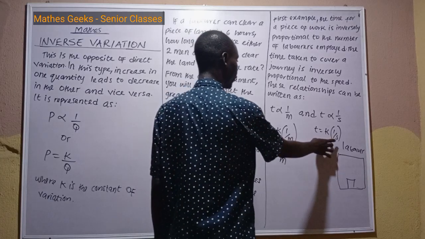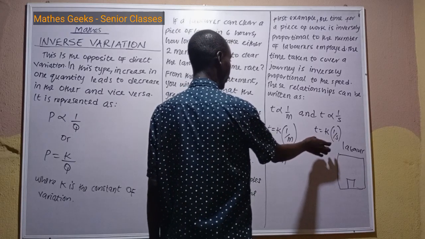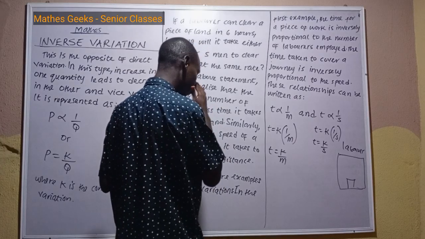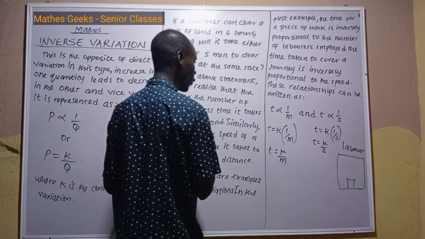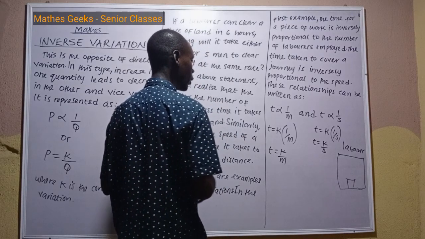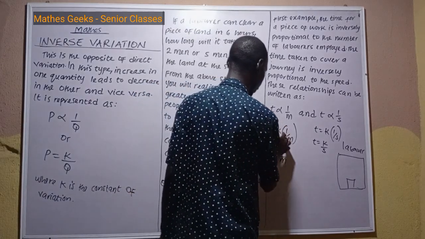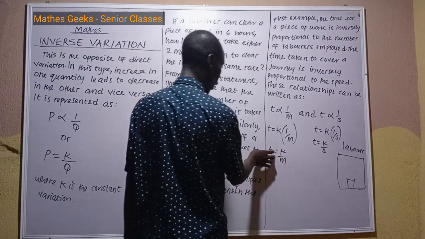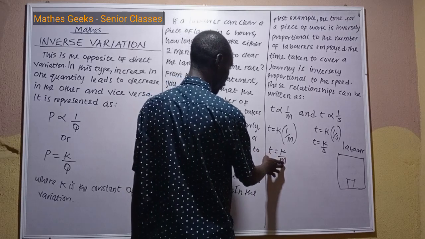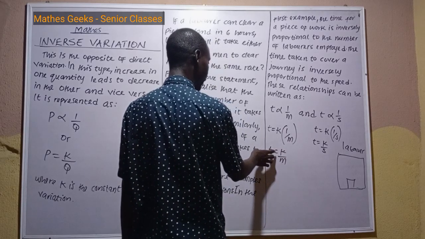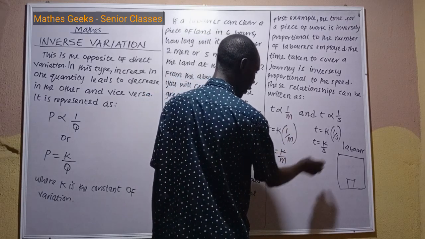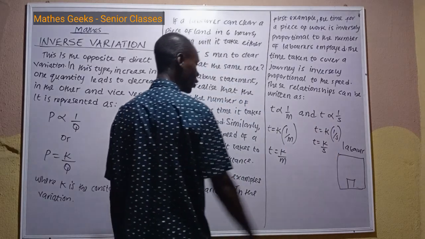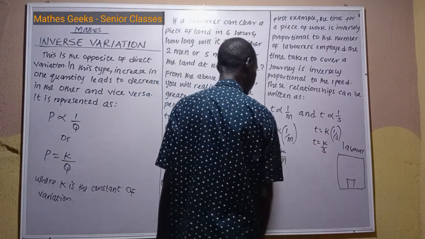Then we solve for the value of K, and once we get the value of K, we know the formula connecting the two quantities. So we would know how T is connected to M, and also the relationship between T and S.